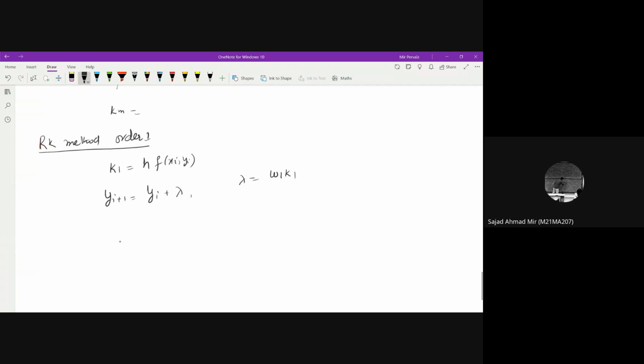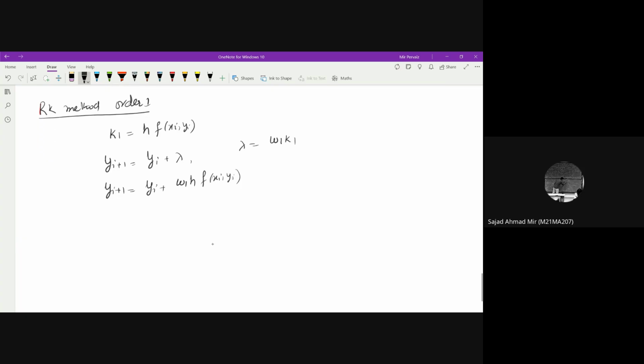So y_(i+1) is y_i plus omega 1 h times f of (x_i, y_i). Right now we don't know the value of this omega 1.